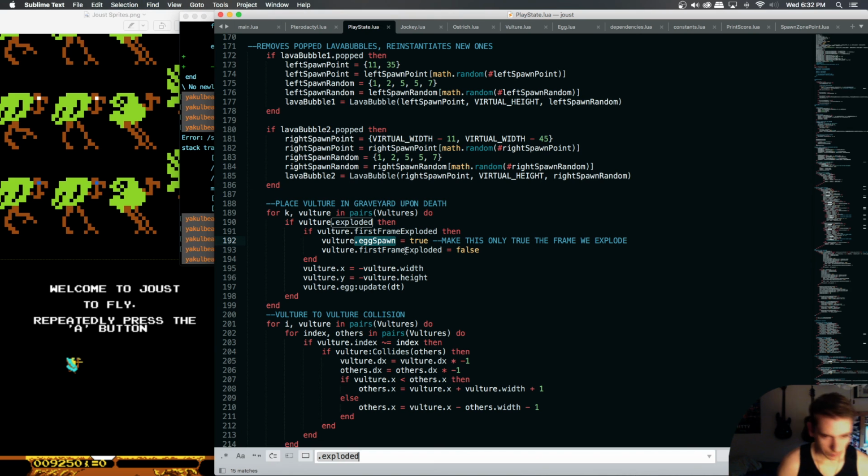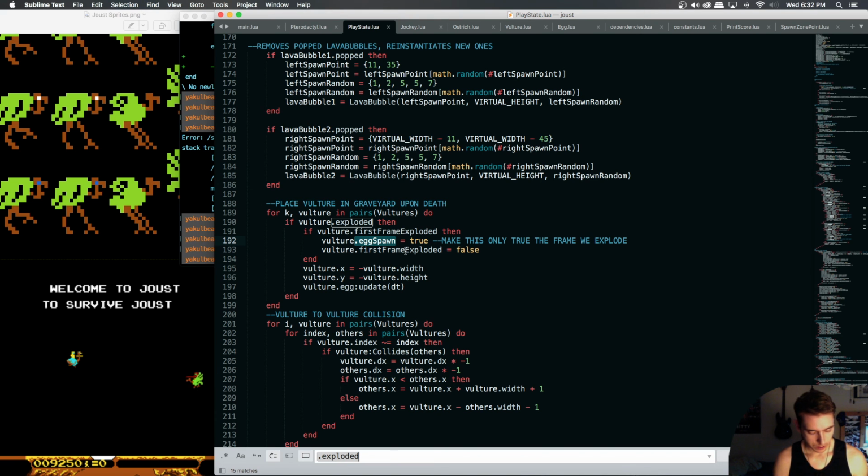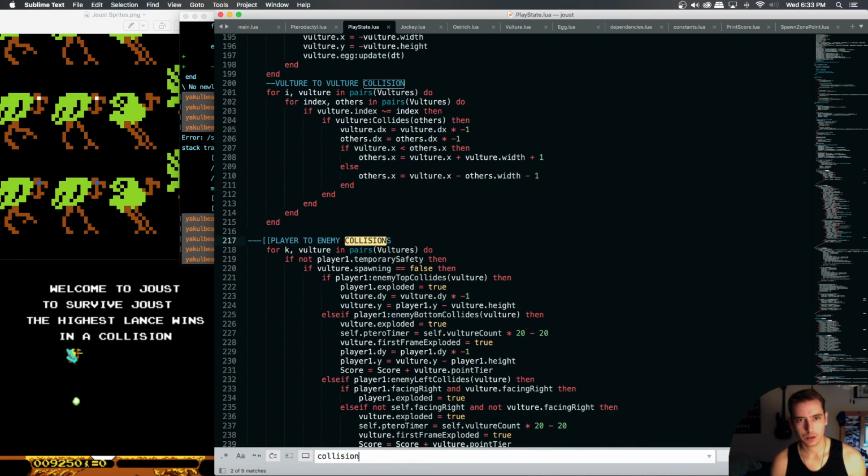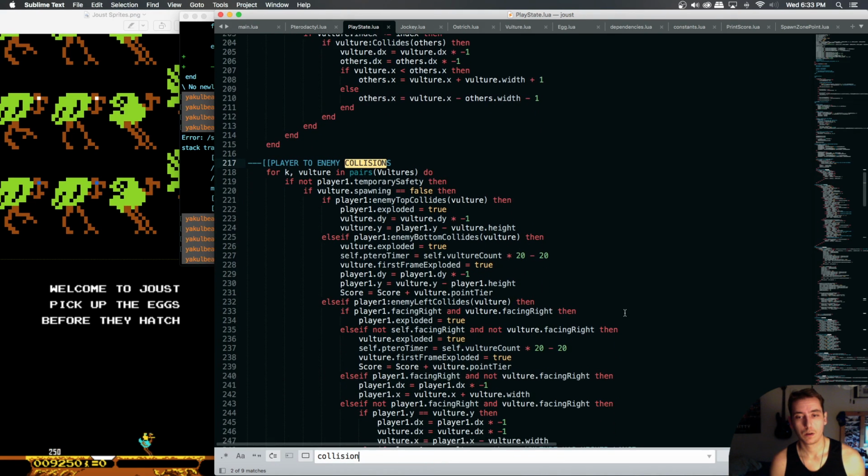If we look at our player to vulture collision, we might be setting a vulture exploded. Oh, there could be a couple things.